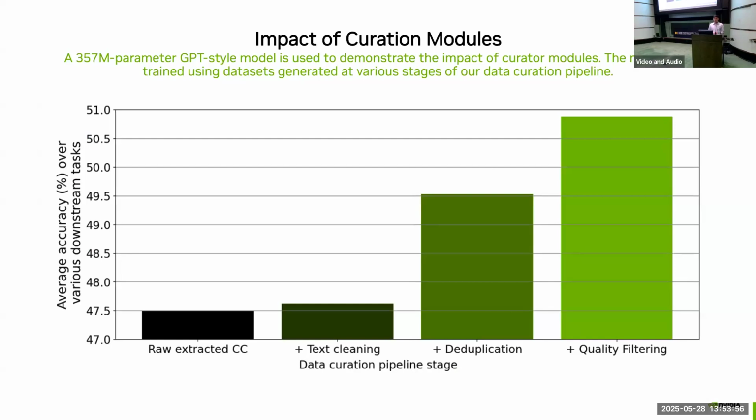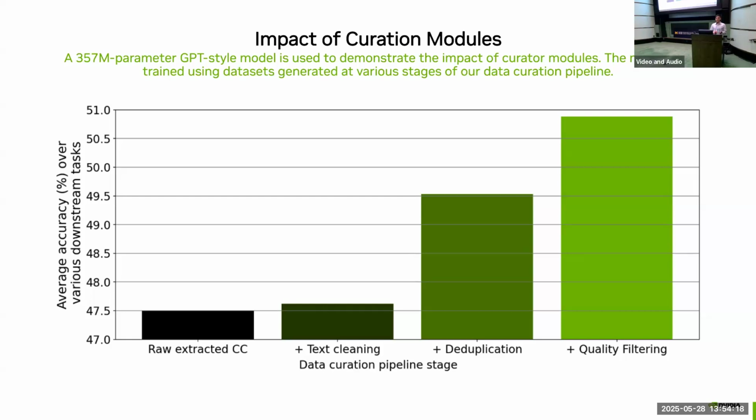So just to highlight some of the impacts of these various curation modules on model performance, there's a short toy example here where a 357 million parameter GPT style model was trained using the Common Crawl dataset, which is kind of like a general web dataset.